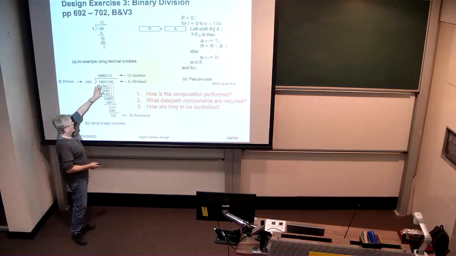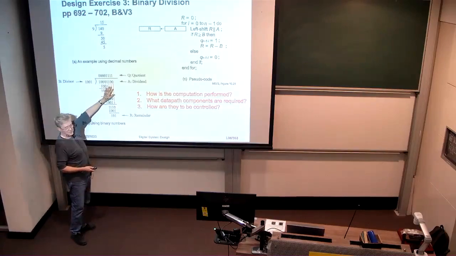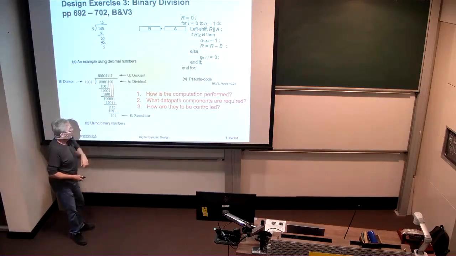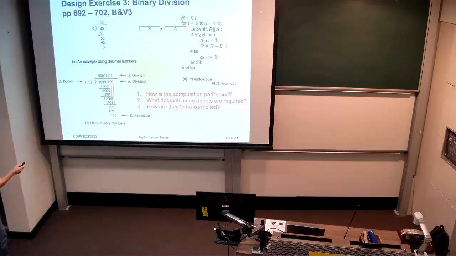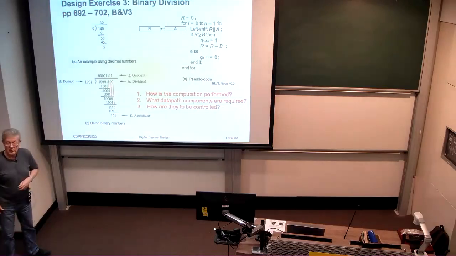Since we're always considering some subset of the leading bits of this dividend, we're going to use a shift register R that we're going to shift the bits of our dividend A into. So from the most significant bit end, they're going to be added into R. And we're going to do our determination of whether we can subtract the divisor B from R, right?